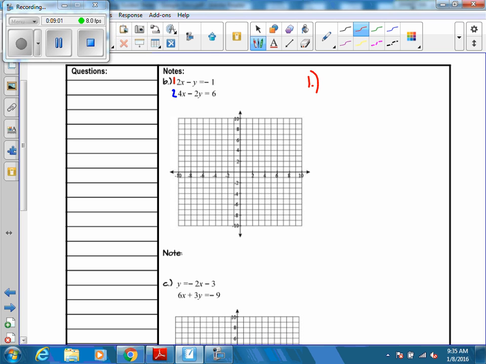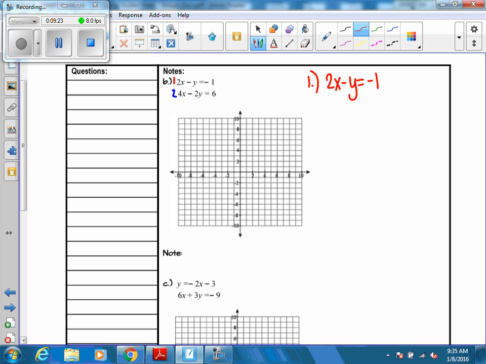And I have 2x minus y equals negative 1. So remember, when I'm putting things in slope-intercept form, I want to solve for y in this case. So remember, we're imagining that this is a random two-step equation and that x is just imaginary.